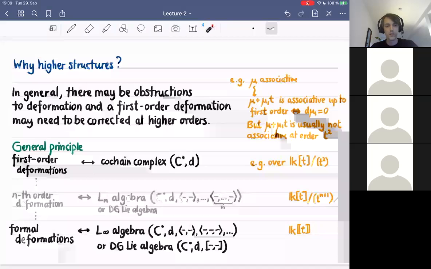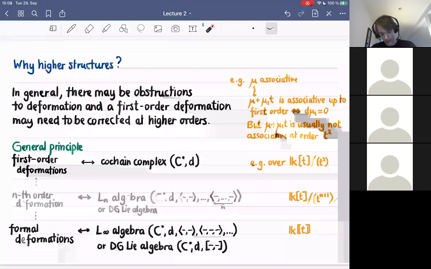So the general principle is that for first order deformations, you only need the information of a suitable cochain complex. If you try to do deformations over, say, k[t] over t squared, then you only need d, as we saw here. But if you try to do higher order deformations to see if you can extend this to higher orders, you will start to need more brackets.